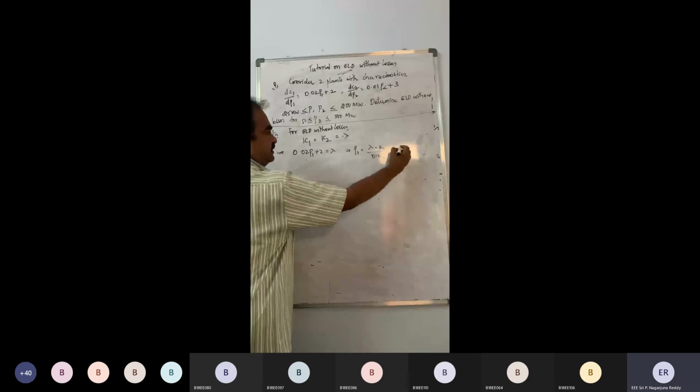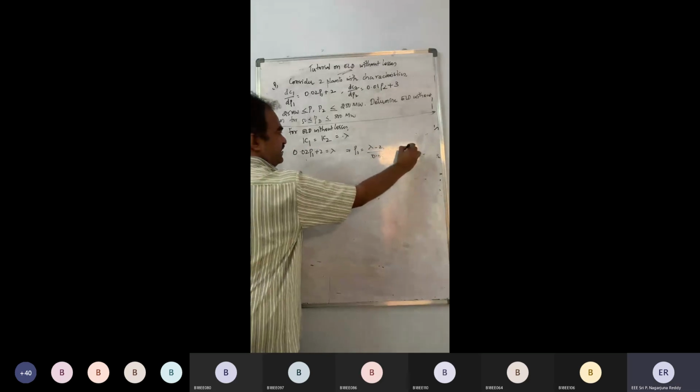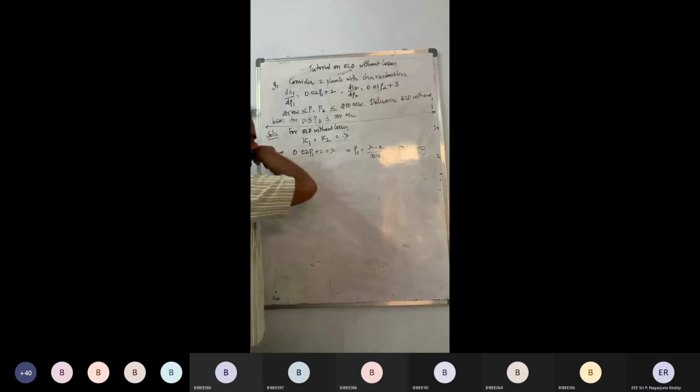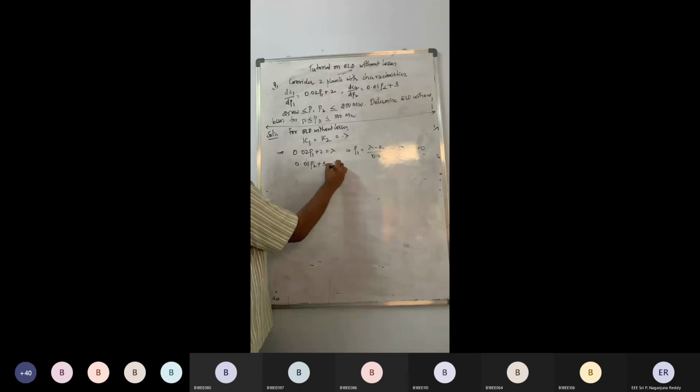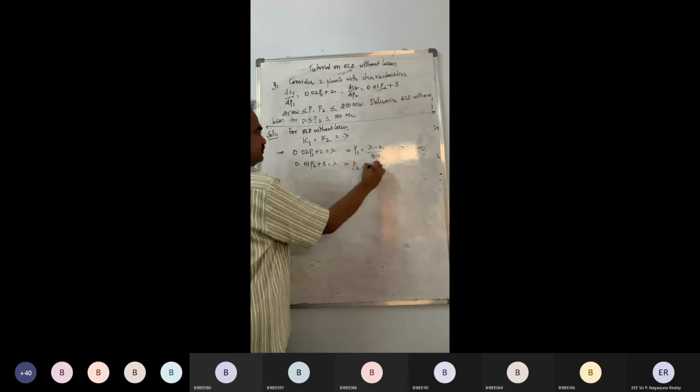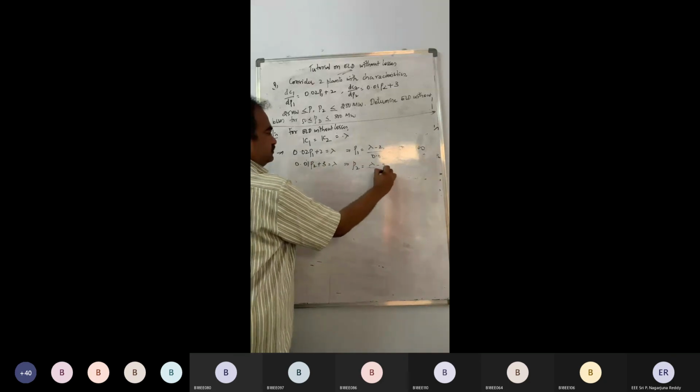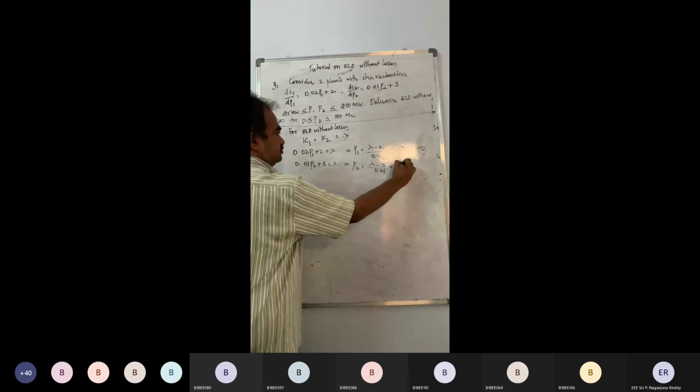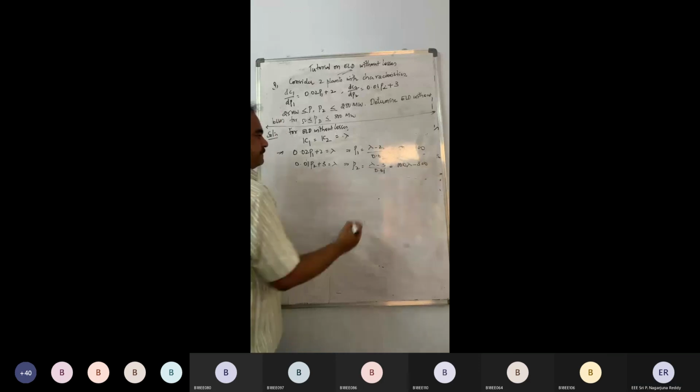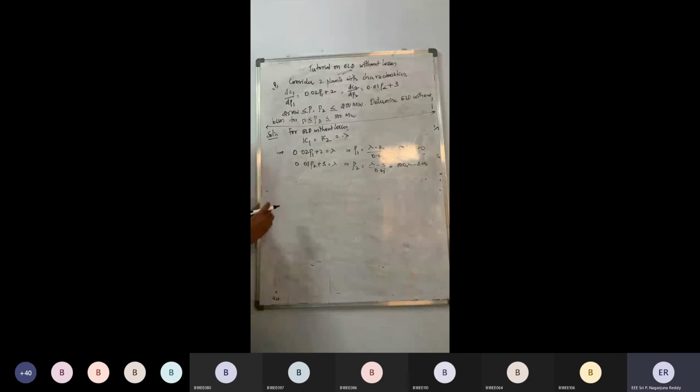If I solve this one, I will get 50 lambda minus 100. Similarly for P2. These are my equations now.